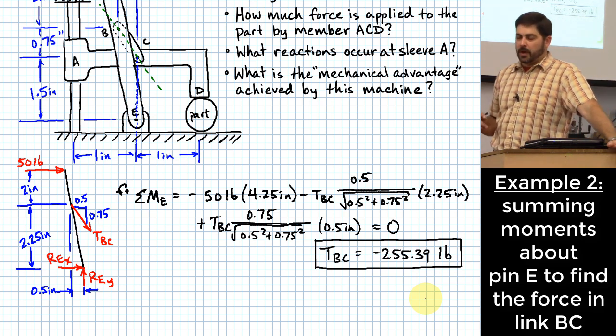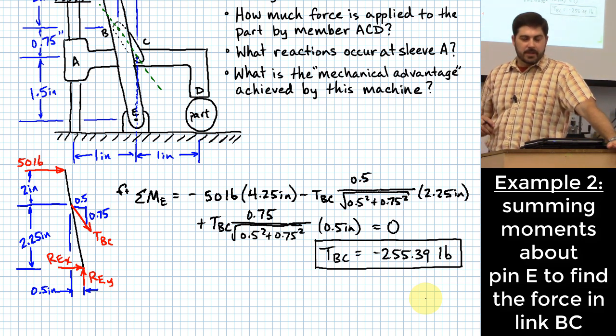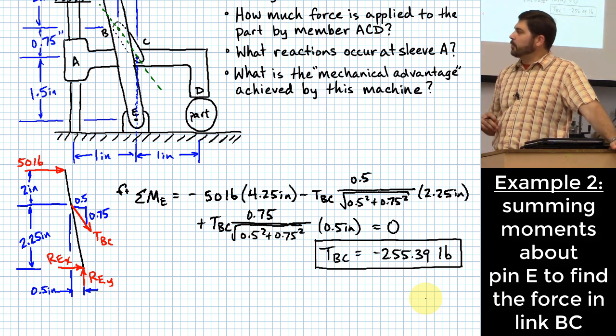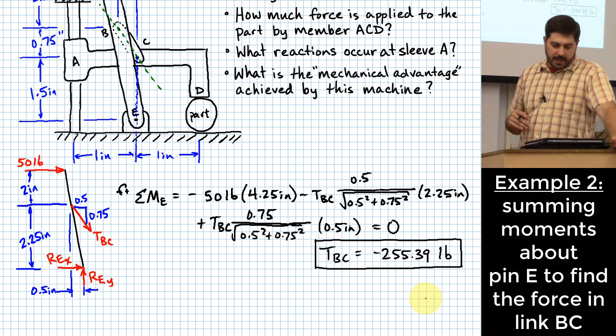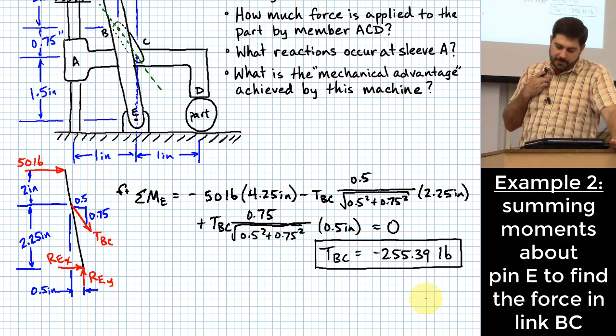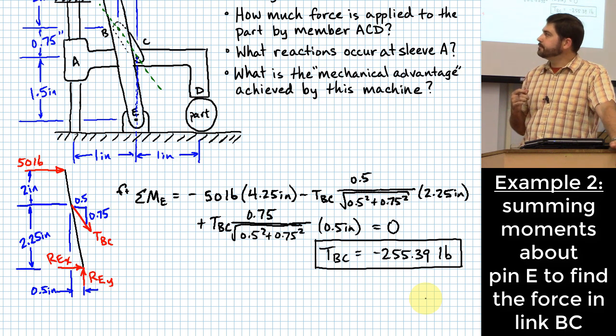The negative sign means what? We assumed tension for link BC. That is not what it has in it. It has a compressive force in BC, and that force is going to be 255.39 pounds.